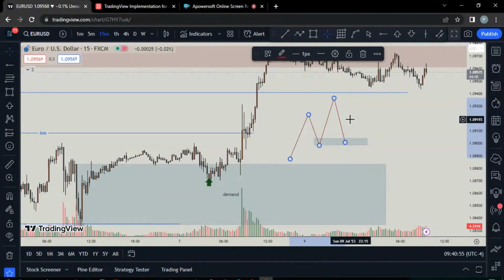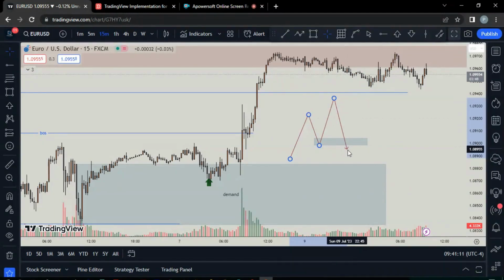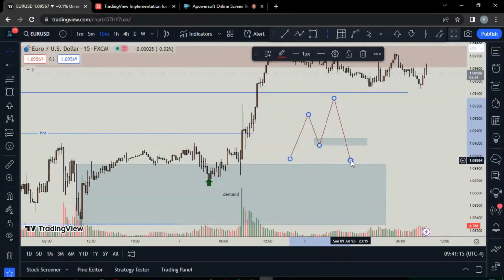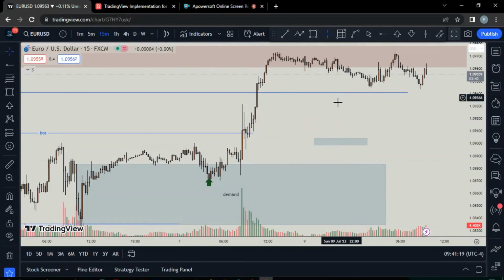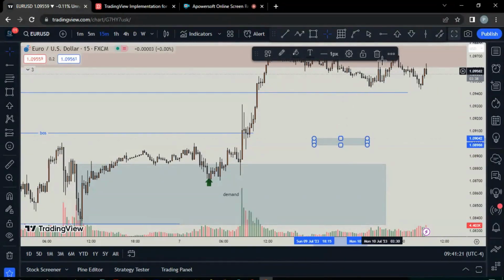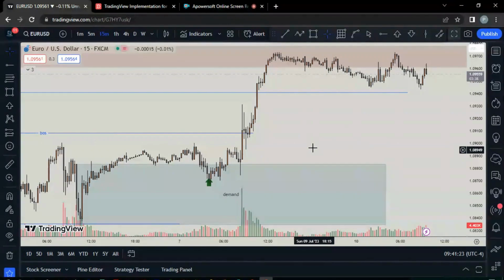Basically, you have to have a basic understanding of supply and demand. I know supply and demand is a very, very wide topic, but at the end of the day, what does it mean when you reach an area of supply? When you break an area of supply, what does it mean? Because I believe supply and demand is going to be key when someone is using a trend line strategy.